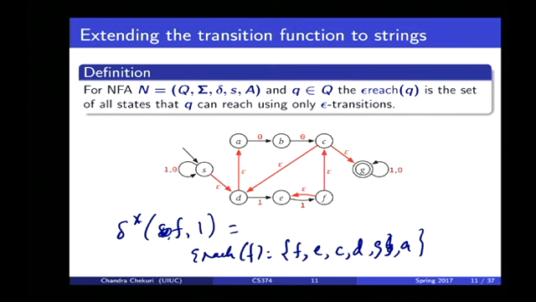Empty set, so you don't go anywhere. D on 1 is E, and so on and so forth. Then we get a bag of states again, and then we take the epsilon closure of all of them, because from there we can go on epsilon too. That is the definition for a string of length 1.